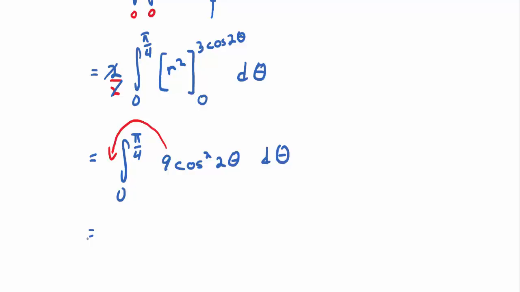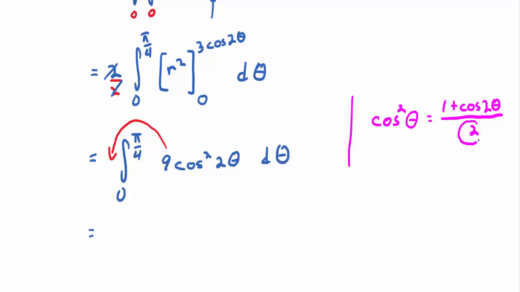Now the power, I'll write it off over here to the side. Usually we write it in terms of just the cosine squared of theta, right? And so the power reducing identity is actually 1 plus cosine of 2 theta, you double the angle, all over 2. But since it's 2 theta to begin with, you double it. What happens? It makes it 4.